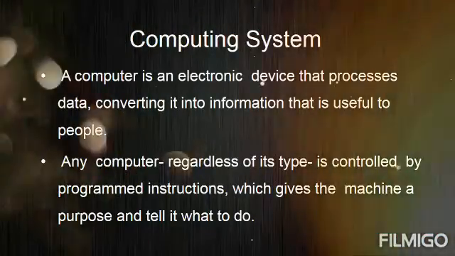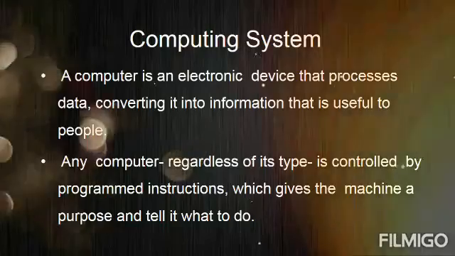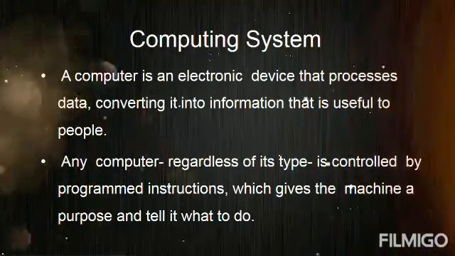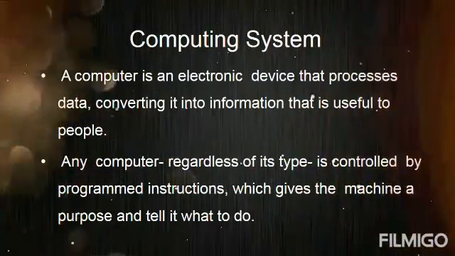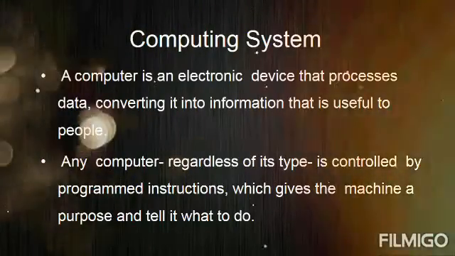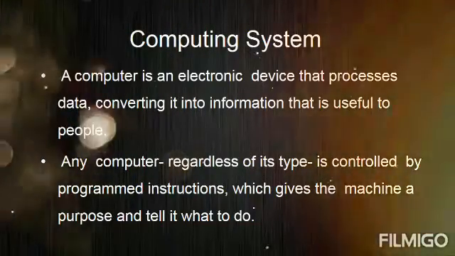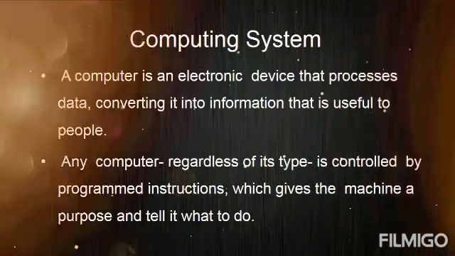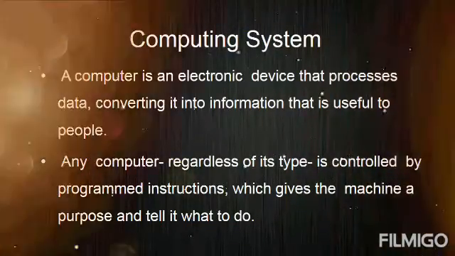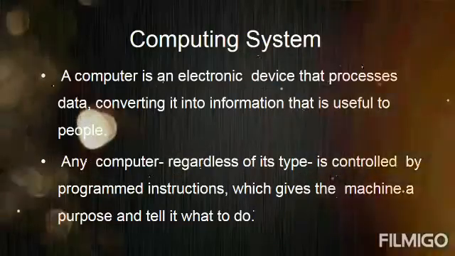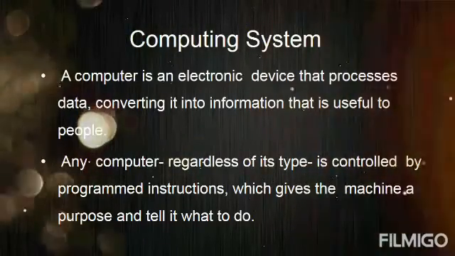What is a computing system, or what are the operations that a computer can perform? As you know, a computer is an electronic device that processes data and converts it into useful information required by the users, and it is used to program. It is based on the program's instructions, which give the machine a purpose and tell it what to do.